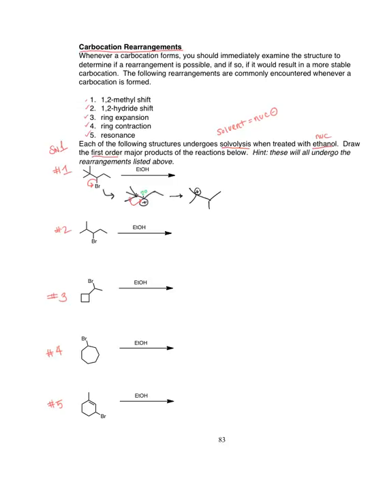Notice it has 3 bonds to carbons, therefore it's tertiary. I did it in green since I did that in green last time. And since it's tertiary, we have successfully stabilized our carbocation. We did a 1,2-methyl shift. I usually like to write that out in words as well: 1,2-methyl shift.